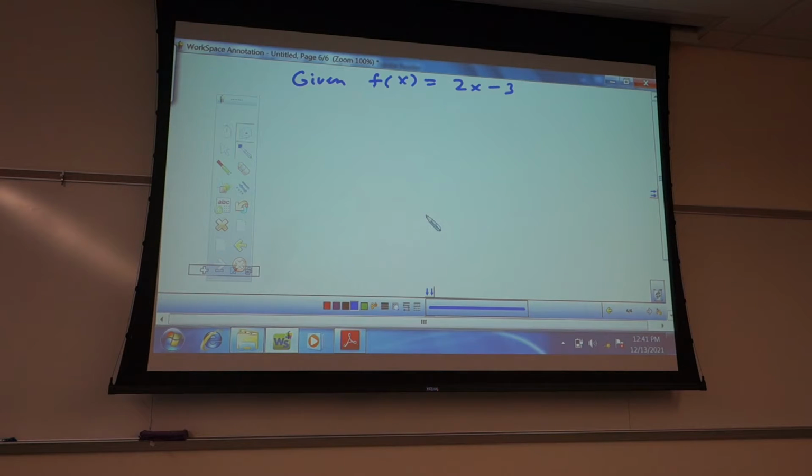I want you to first find 3 points and put them in this table.